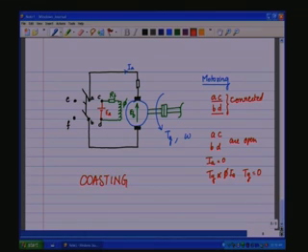In the coasting mode, we are not doing anything, there is no extra circuitry, we are just opening out the armature such that the IA is 0, the generated torque is 0 and it will gradually come to 0. What will come to 0?